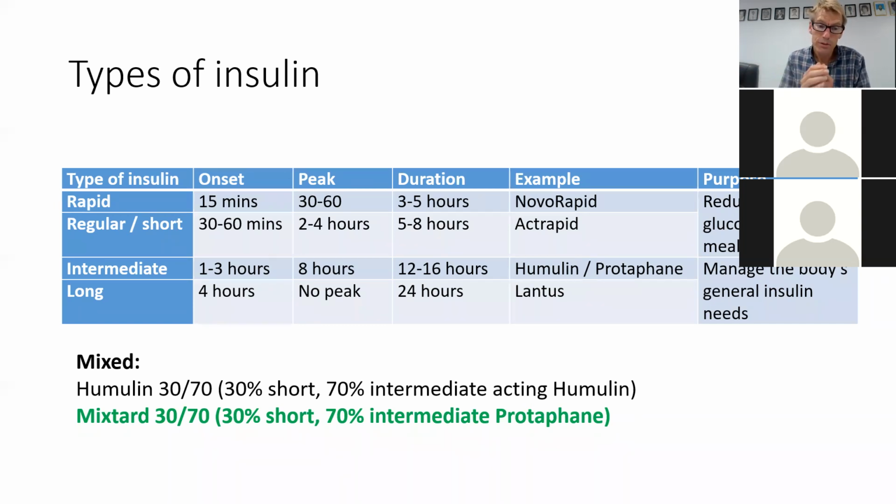So a child who needs 20 units a day when they're getting their Actrapid for their DKA will probably need about 20 units of Mixtard per day, right? They'll still need about the same number of units. It's just that you're giving it in a different form, because you're giving it in a different way, okay?